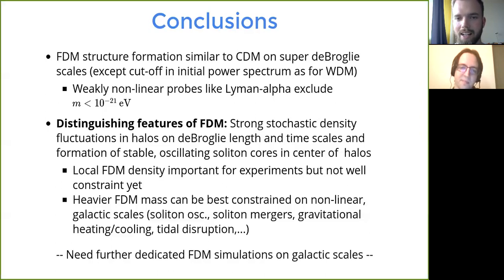and there could then be one axion on this mass scale of 10 to the minus 20 or 21 electron volts, and that would result in all the results that I showed, forming hopefully this solitonic core and the granular structure.